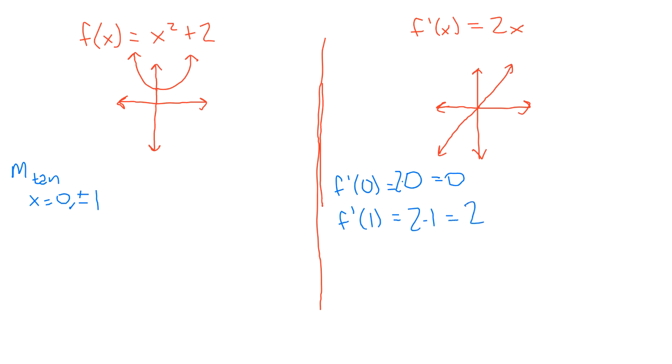And then f prime of negative 1 is just going to be negative 2. Now let's see how this compares to our graph. Let's star this in green, this one in orange, and we'll star that last one in purple, just so we can get a better picture.